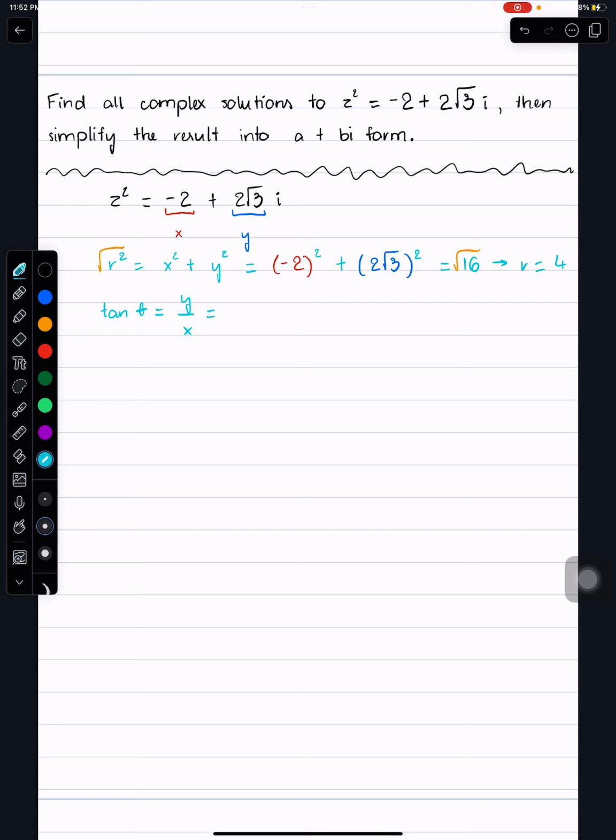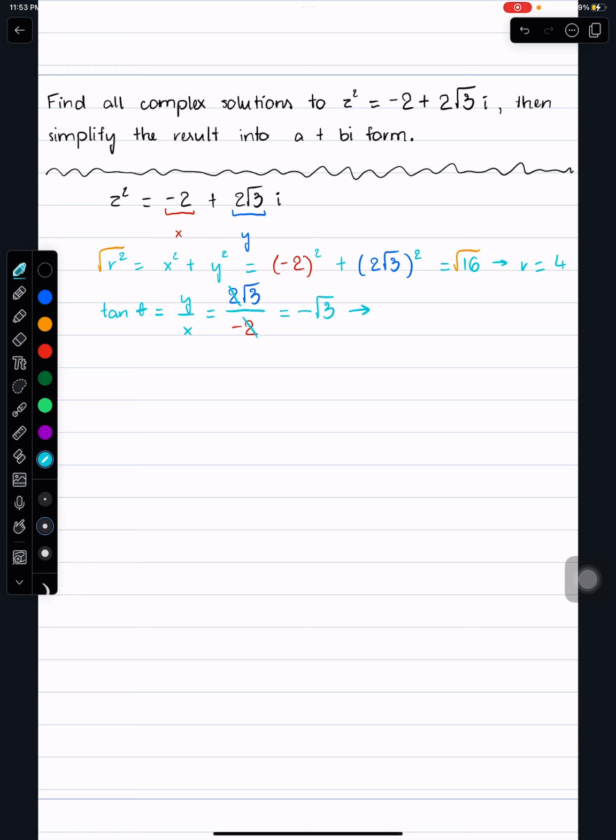The y value here would be in blue, which is 2 root 3, and the x here would be negative 2 in red, right? If you want to, you can cancel the 2's before you plug it into the calculator, and you can go further and have it equal to negative root 3, after you simplify it.